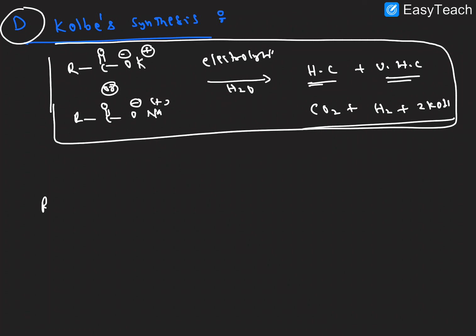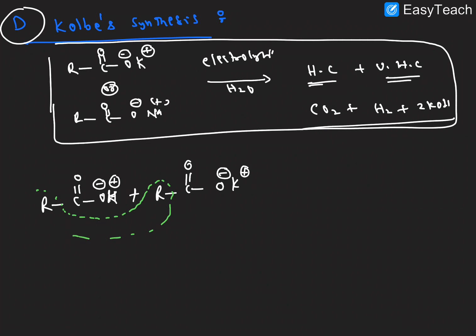I am taking the potassium salt of carboxylic acid, RC double bond O and O K, and the same one more mole, taking 2 moles, and here O, then the potassium salt. These two are combining, that is a coupling reaction, the C-C bond formation taking place here, right?